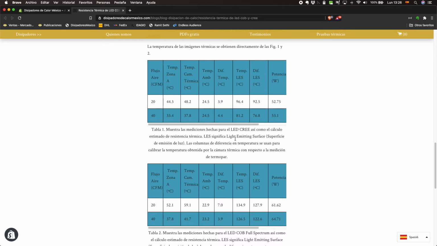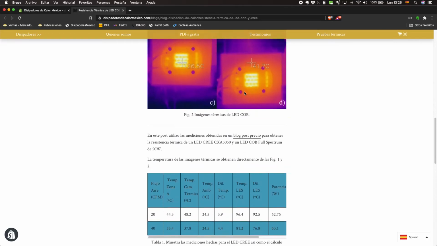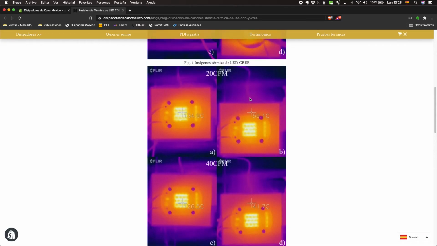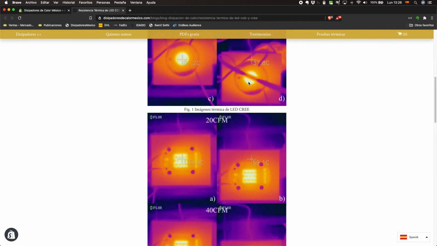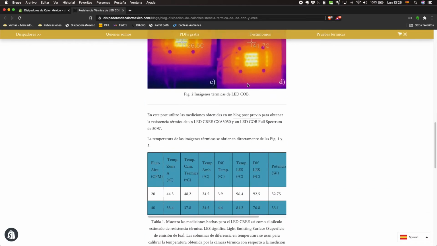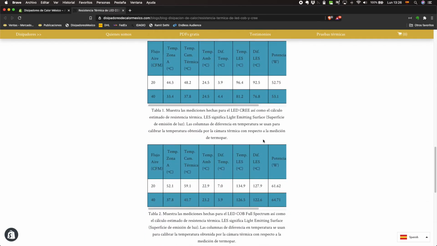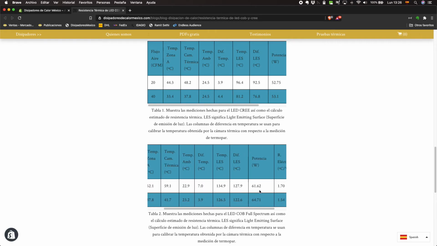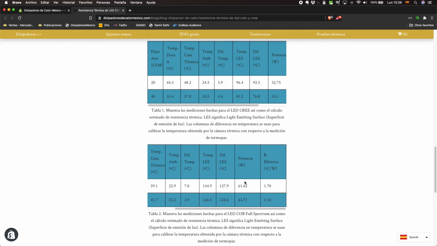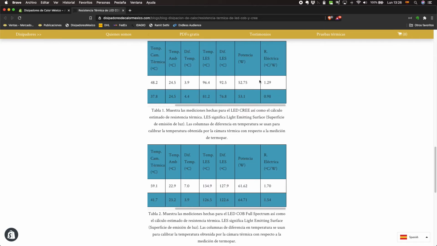I use this difference to calculate the possible temperature at the light emitting surface, which is this surface specifically, the one that actually is shining.